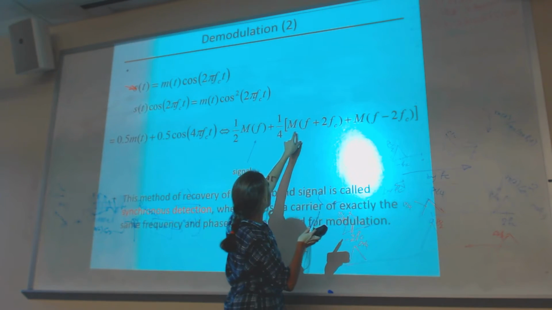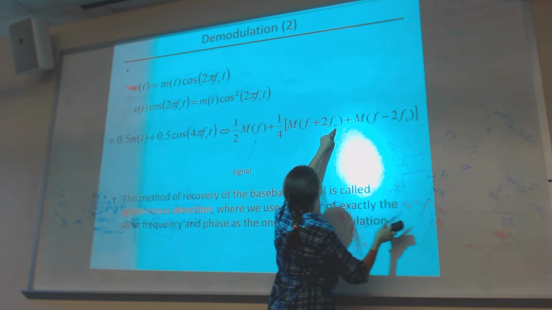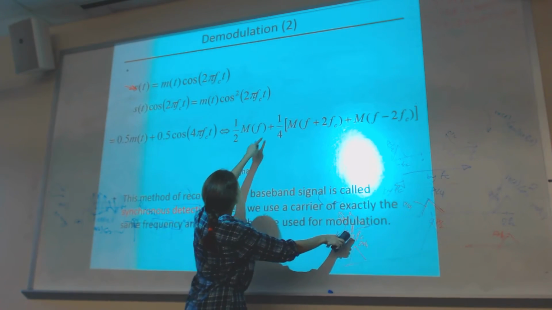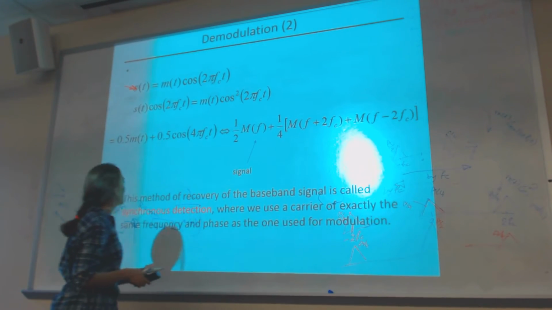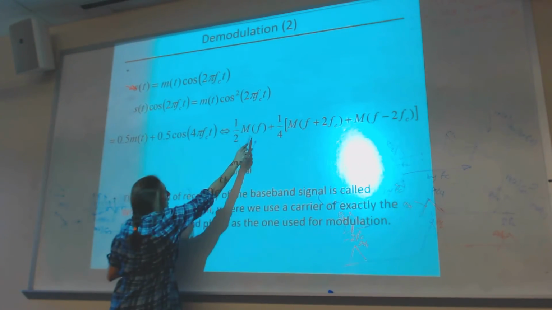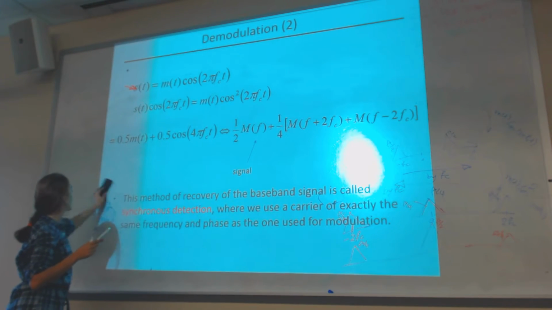So shift by 2Fc to the right, by 2Fc to the left, and then the original signal. The other ones are high frequency. I have to get rid of them with a low pass filter.